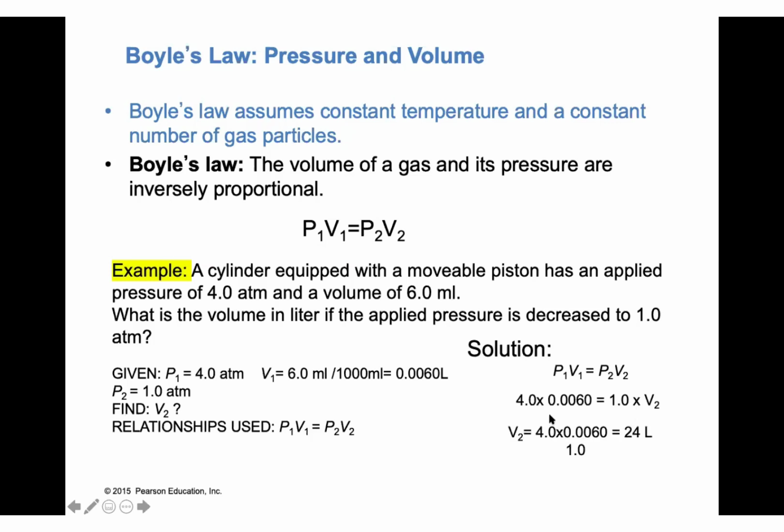I recommend you always divide the side that has a known number by the one that has an unknown number. So I'm going to divide 4.0 times 0.0060 by 1.0. It's going to be 24 liter. Make sure you have 2 sig figs and you get 2 sig figs in the answer.